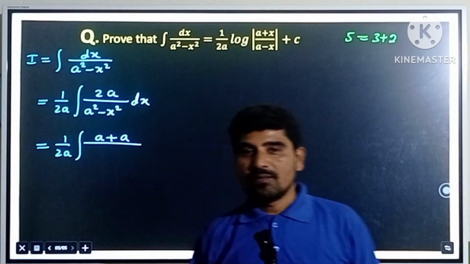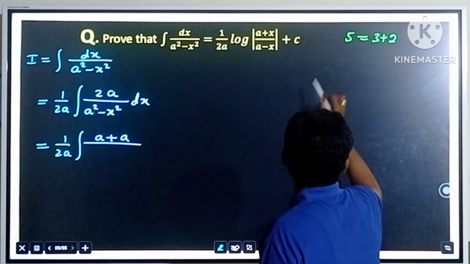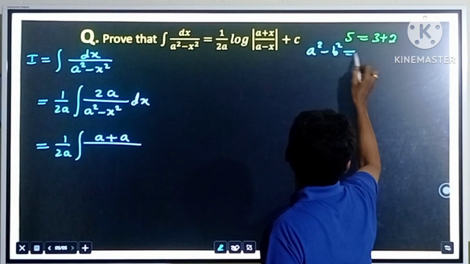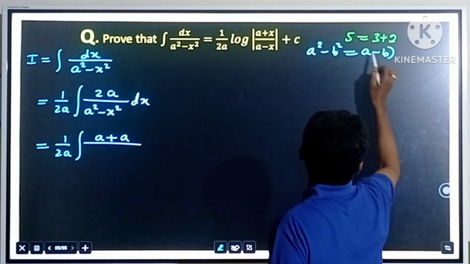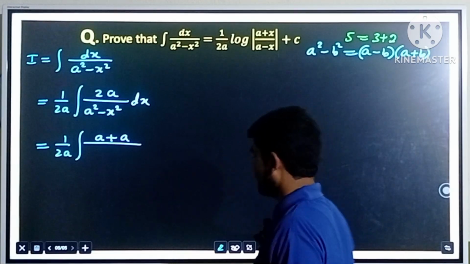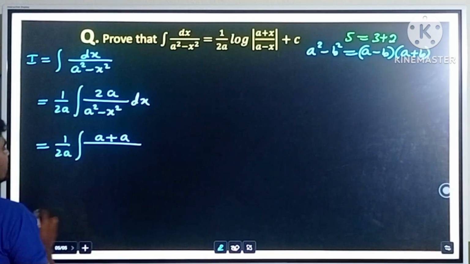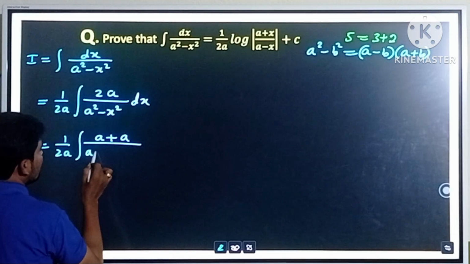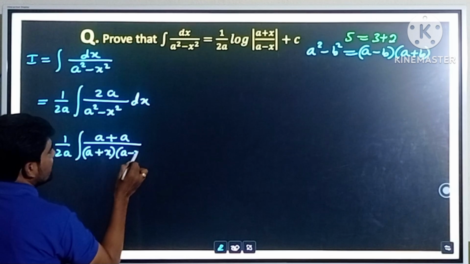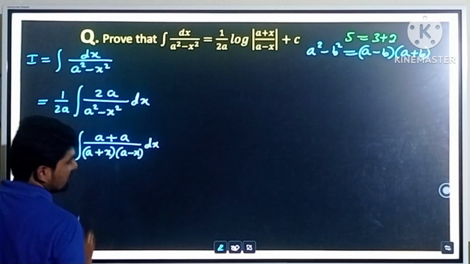We have one of the basic algebraic formulas: if we have a square minus b square, it can be expressed as a minus b into a plus b. So therefore a square minus x square can be written as a plus x into a minus x with respect to x.